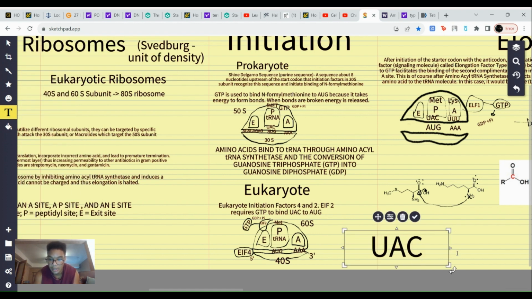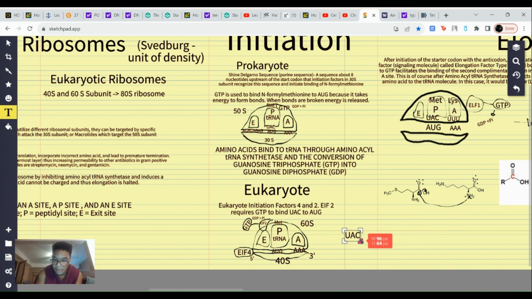UAC, there it is. So there you have it. You have the anticodon, which is bound to the mRNA strand, which is the strand sandwiched in between the two subunits. And you have the tRNA holding together the anticodon with the amino acid, which is going to make the protein.